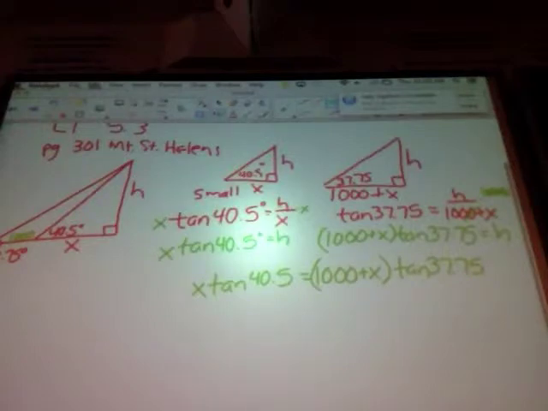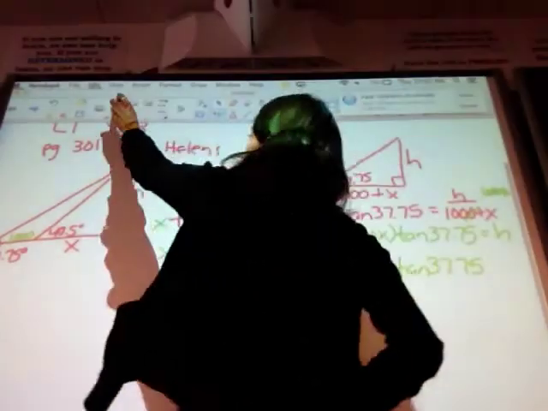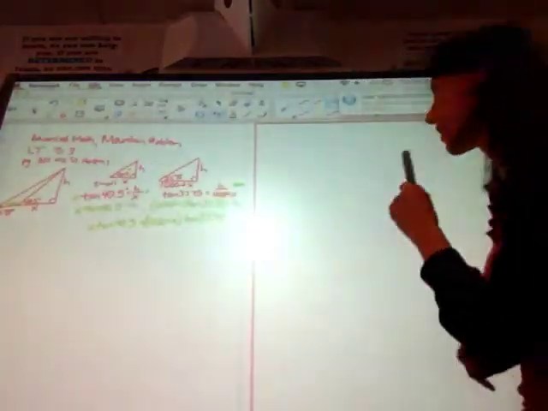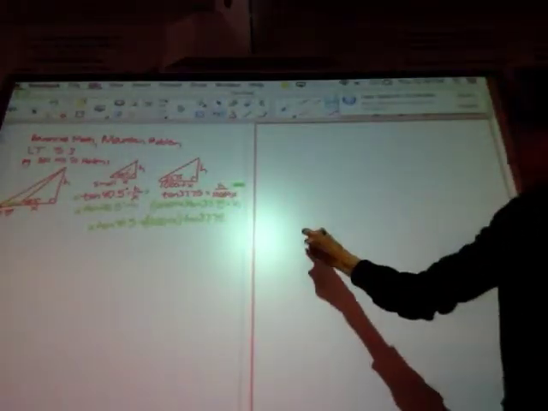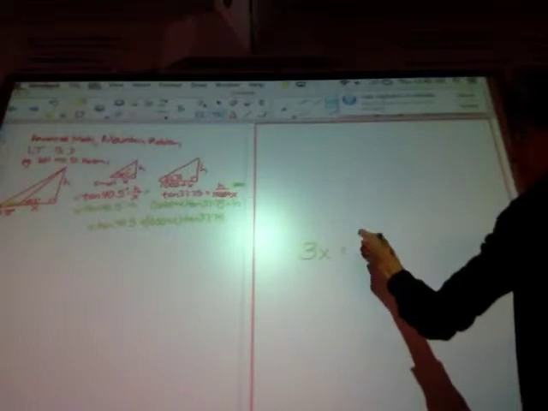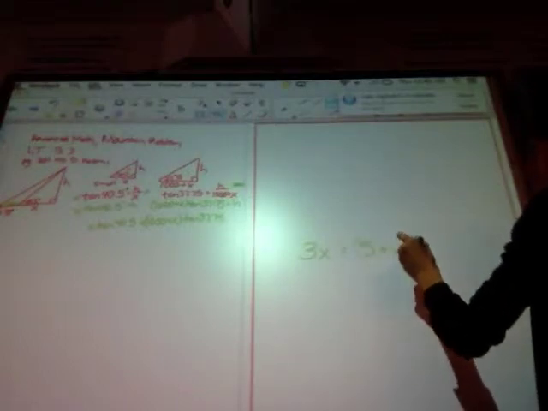Granted, very weird algebra, but it's just algebra. Okay? Just a side note, don't write this down. Okay, I'm going to write something. Okay, I'm going to use whole numbers. Tell me how to solve this.